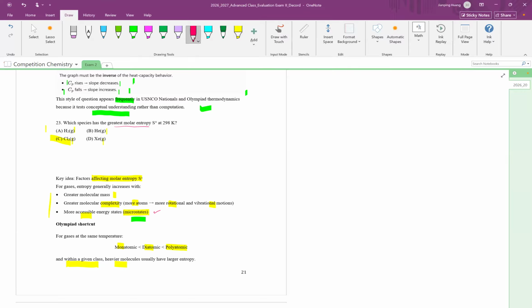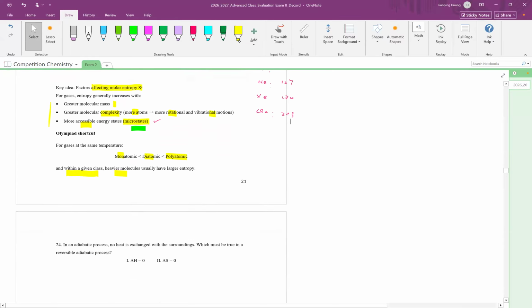Hydrogen is 131 J/K·mol. Helium should be lower, 127. Xenon will be higher, 170, because it's huge, right? And chlorine is 223. If you understand these questions well, it should be fine.